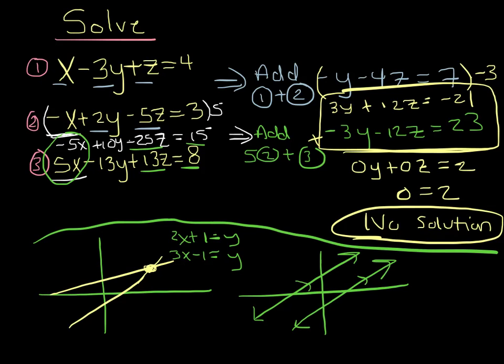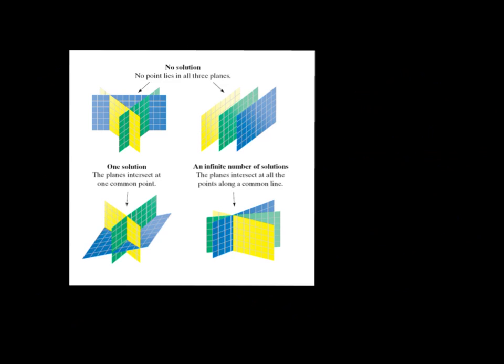I want to show you a nice picture of what's happening when we're in 3 dimensions and you get no solution. Each equation in 3 dimensions with x, y, and z doesn't represent a line, it represents a plane. A plane is just, think of it as a piece of paper that extends infinitely in all directions.